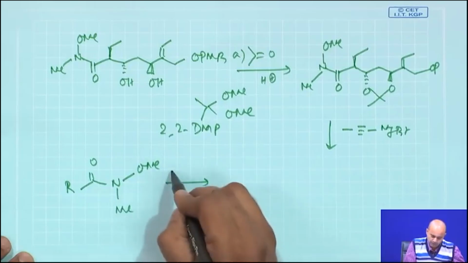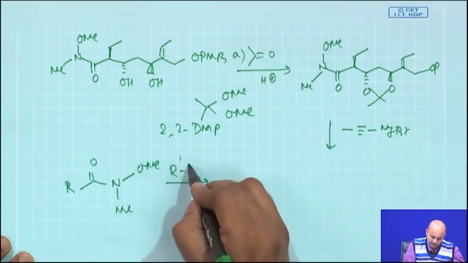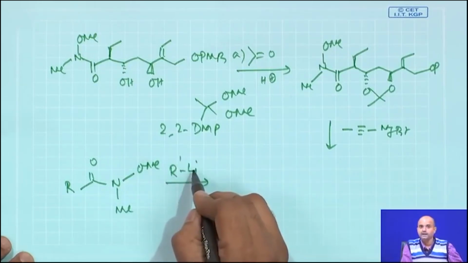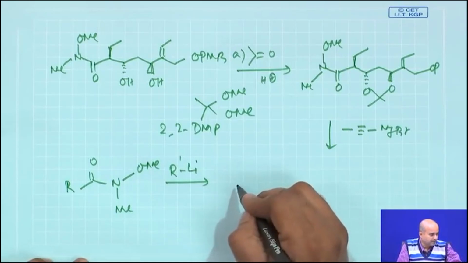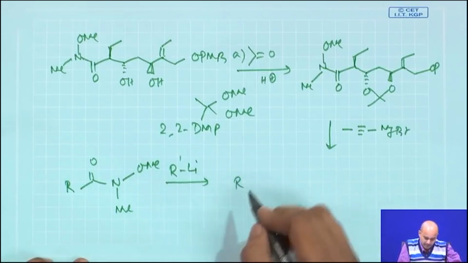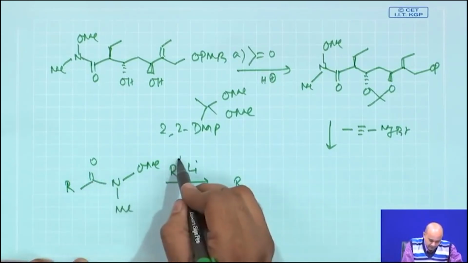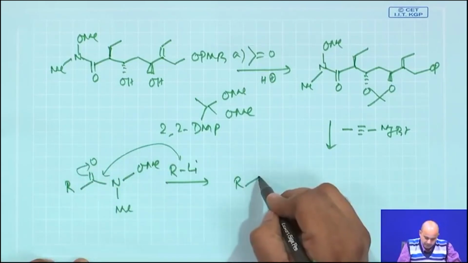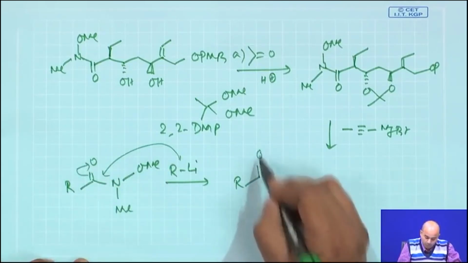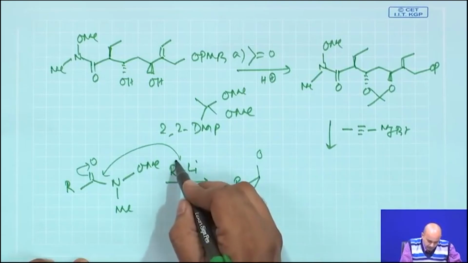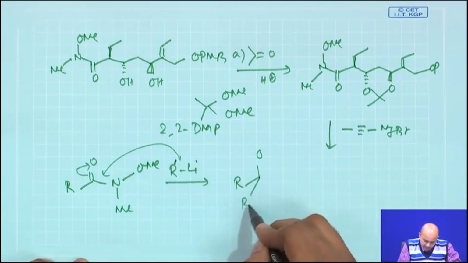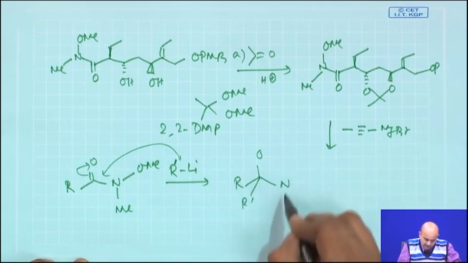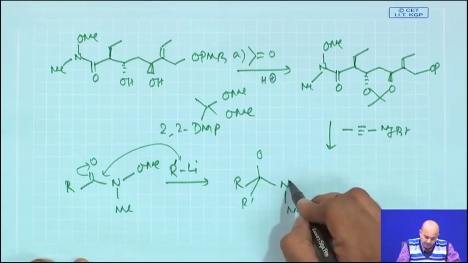Now, you react with any alkyl lithium species or any Grignard species. Initially, the alkyl lithium will come here, this R prime is coming here, your N and methyl will be here.